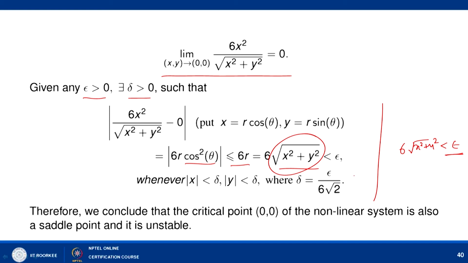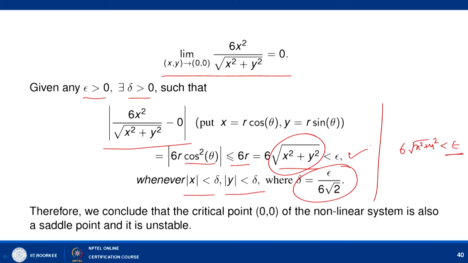So, if we say that whenever mod of x is less than delta and mod of y less than delta, where delta you can assume to be epsilon by 6 root 2, then this quantity can be made less than epsilon, and hence limit (x,y) tending to (0,0) of 6x square upon under root x square plus y square equal to 0.